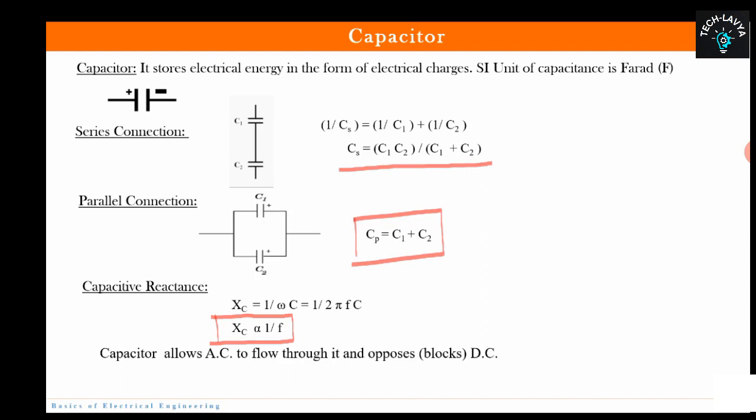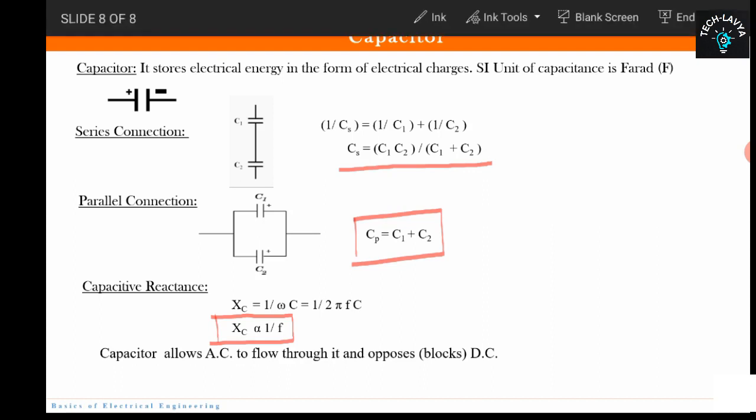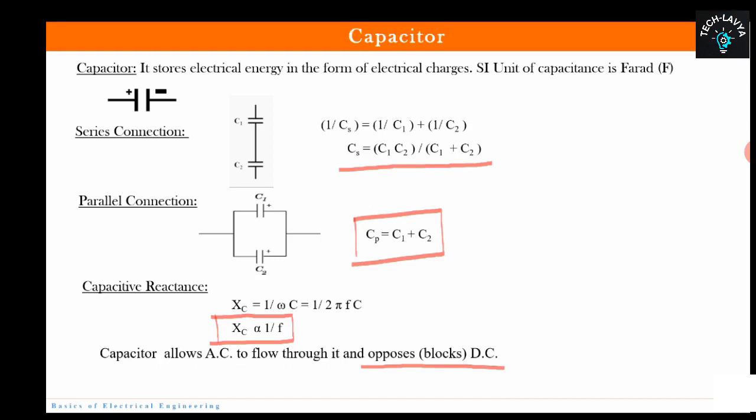The frequency of DC is 0. So what is 1 by 0? It is infinity. So I can say that a capacitor opposes or blocks DC. Why blocks? Because it is offering infinite resistance. So a capacitor opposes DC and does not allow DC to pass through it.